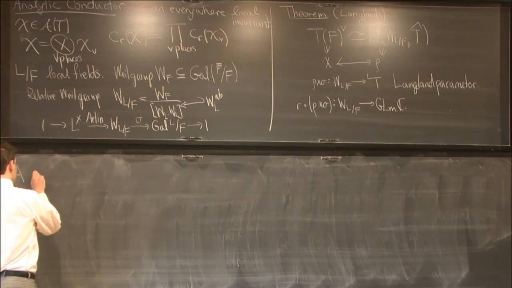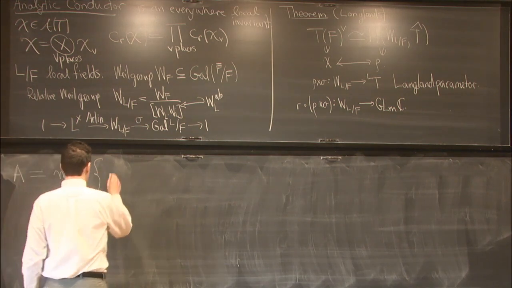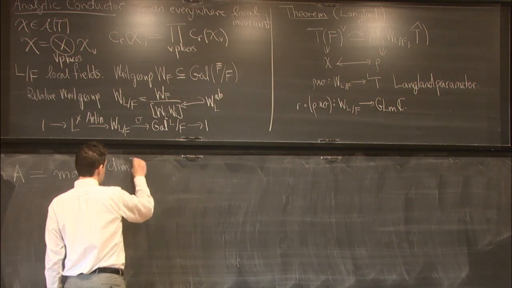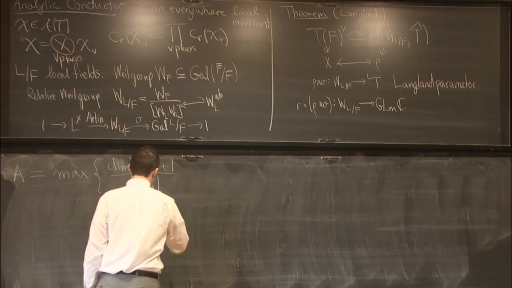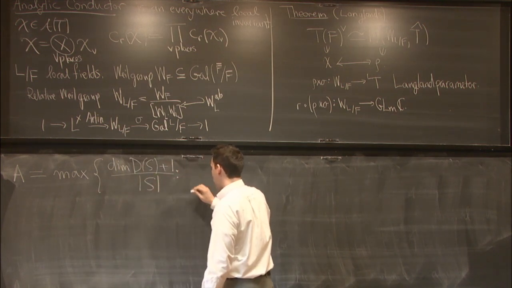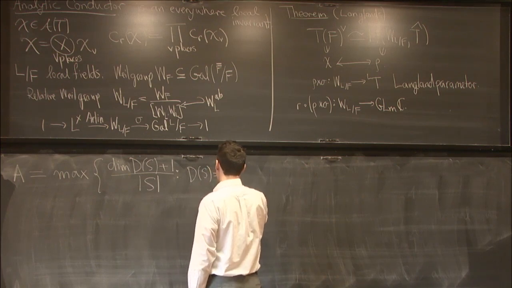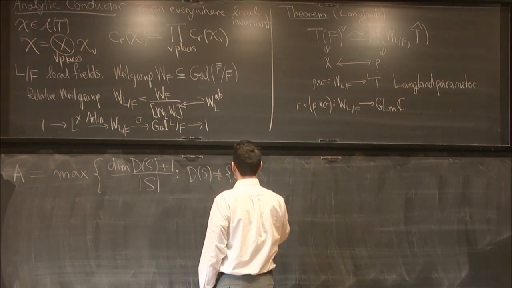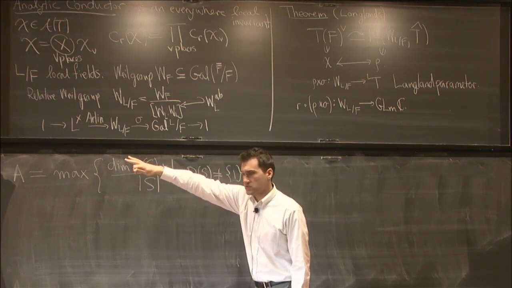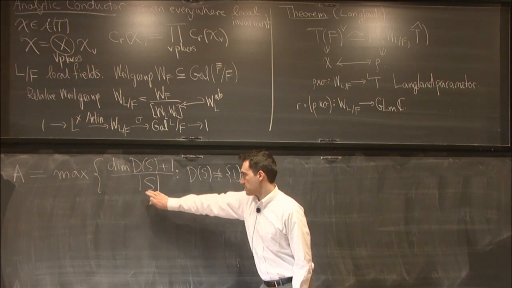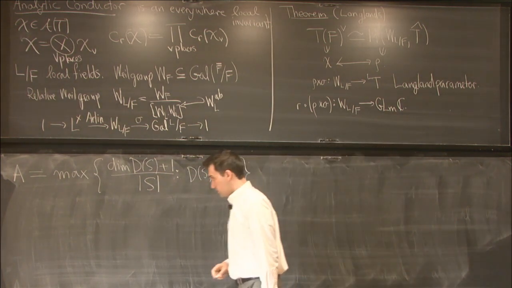It's equal to the max of the following finite set: the max over the dimension of D of S plus 1 over the cardinality of S. And I'm going to run through all of the S such that D of S is not the trivial group. So in particular, because I assume faithful, this makes sense because the empty set is not allowed.